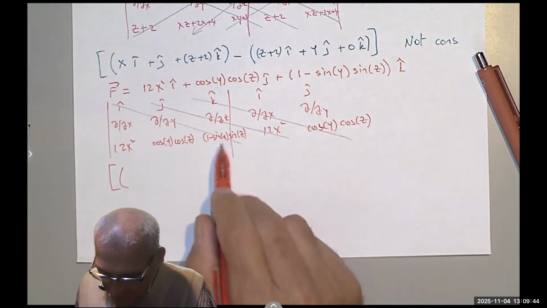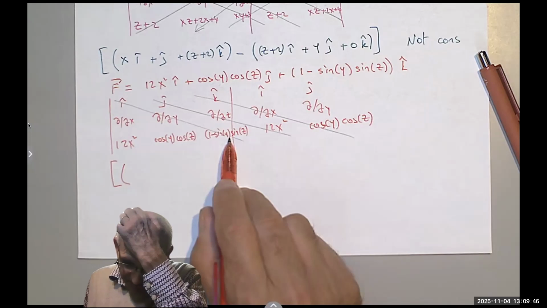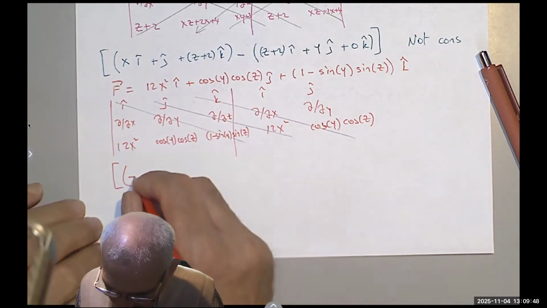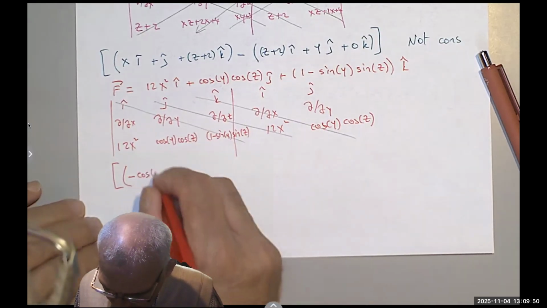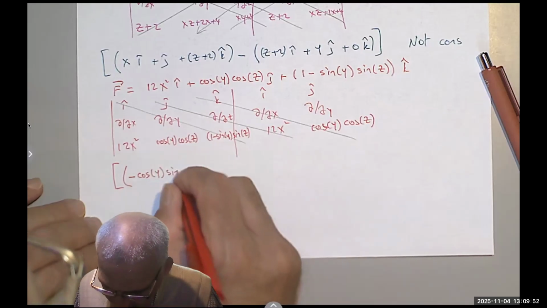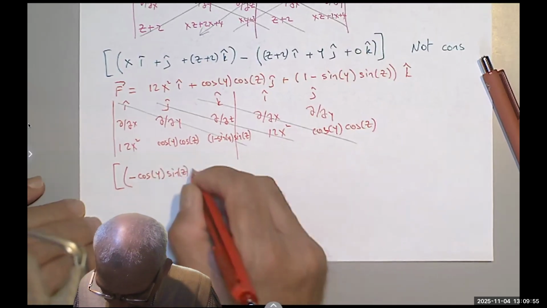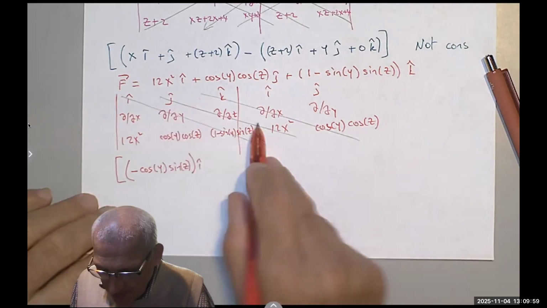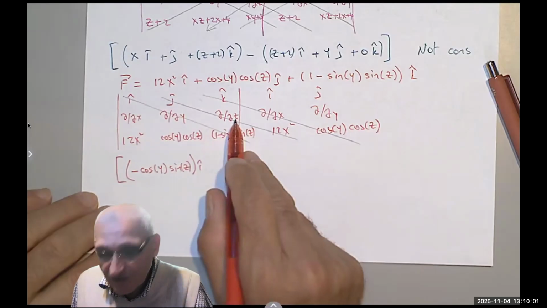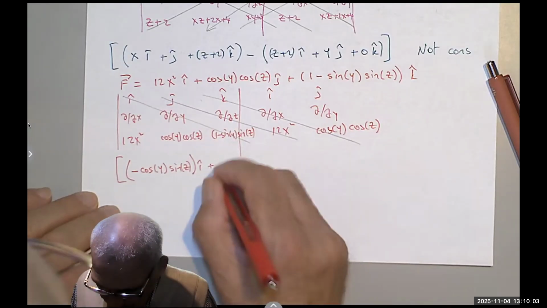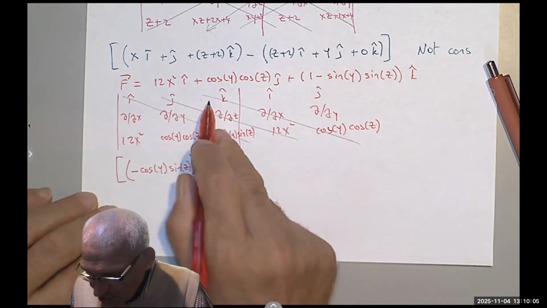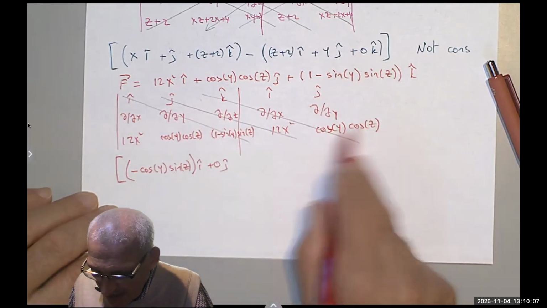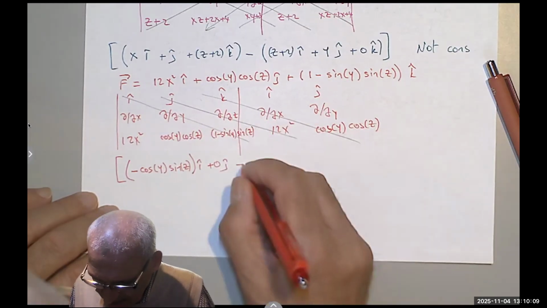The derivative with respect to y here, notice it would be negative cos y sine z. And that's the i. When you go to the j, you get 0 because that's a derivative with respect to z of 12x squared, so plus 0j. And when you do the k, there are no x's, so you get partial x plus 0k.